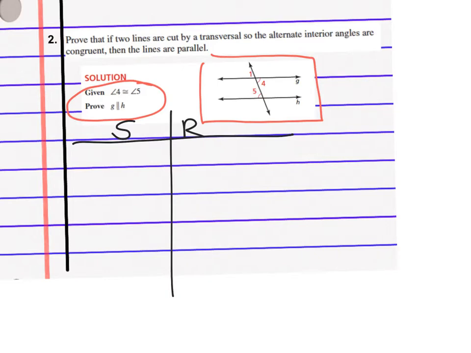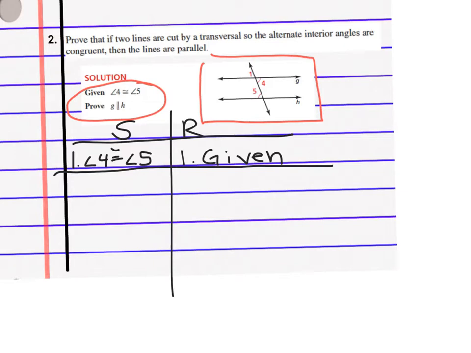So what's given is that angle 4 and angle 5 are congruent. Okay, I'm trying to prove that G is parallel to H.